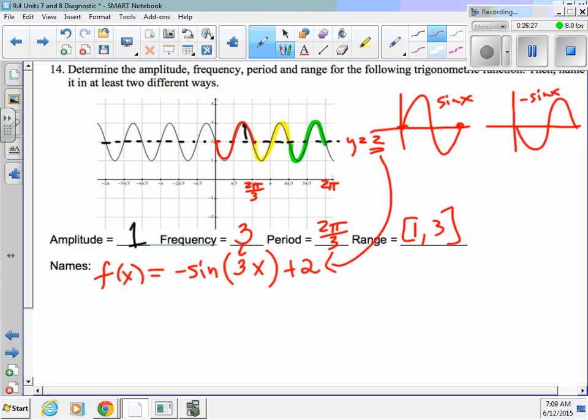Okay, now I'm going to get a little more creative. I'm going to grab a cosine curve on here. That might be a little bit harder to see, but I can grab one very easily, and here it is. I'm going to start at the top and go down and come back up. So that's the cosine curve I'm going to use. Now, as I've said before, this is a squeeze and a shift because regular cosine of x starts here, comes down to here, goes back up.